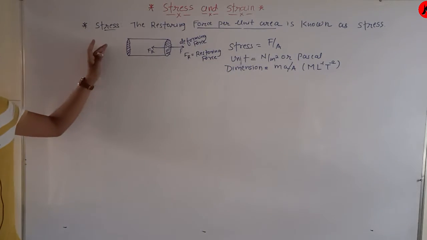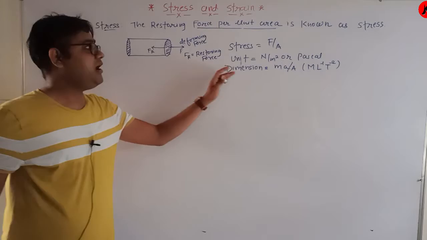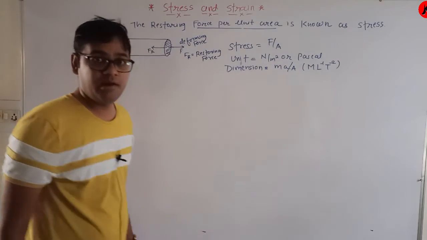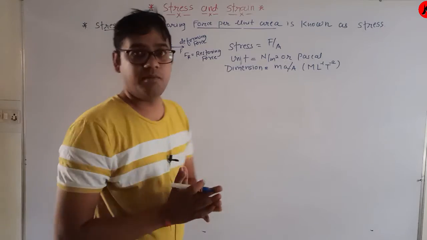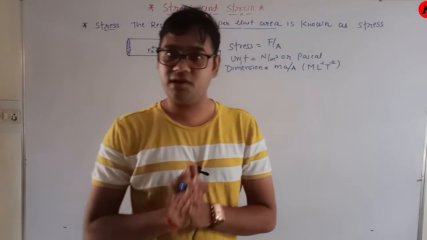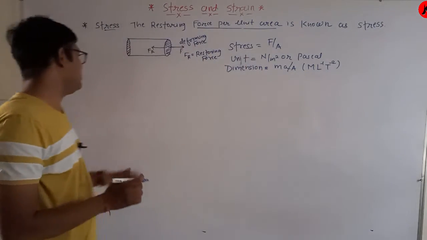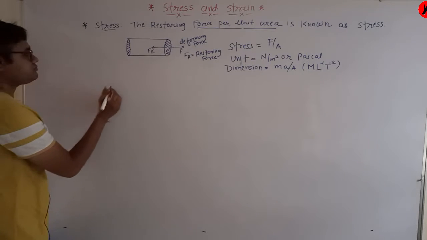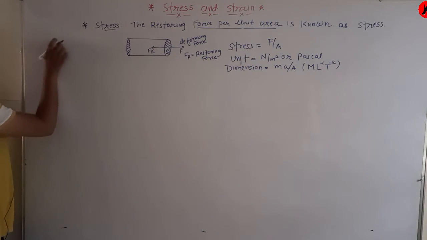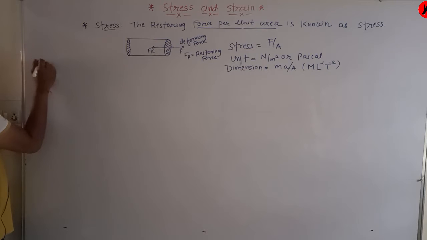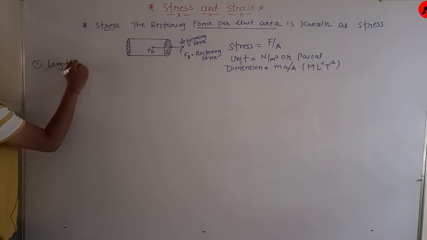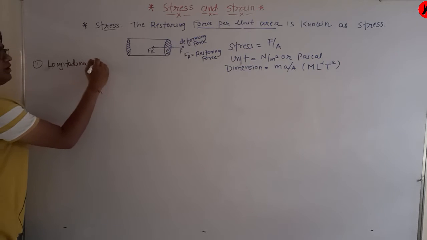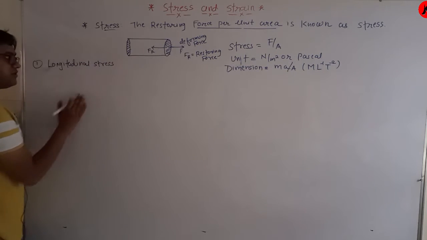So this is the definition, unit and dimension of stress. Now what about its type? There are three types. Basically there are three types of stress available. First is longitudinal stress.